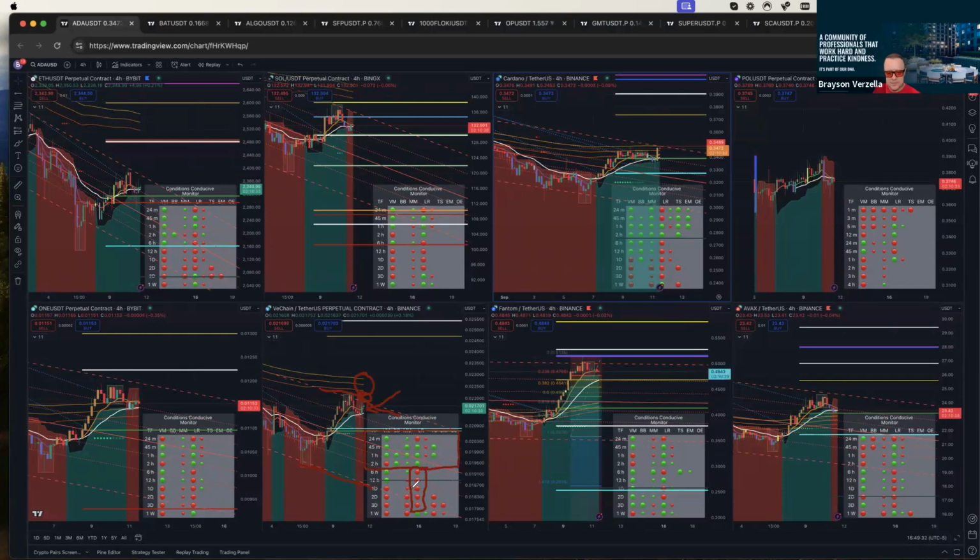That does not mean we're in obviously a bull market, right? But when Bitcoin was super bullish and we were blowing through 40,000 for the first time in a really long time, back in like January or something, this whole chart all the way to the 1 week was green. It was really crazy.